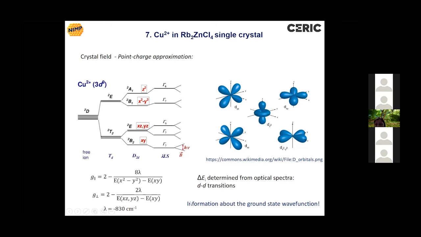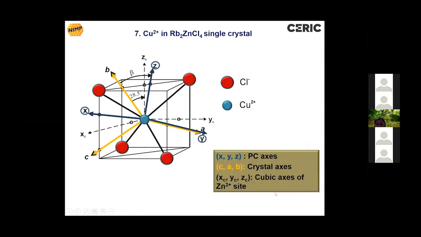So this is an example of how you can get information about the ground state wave function.